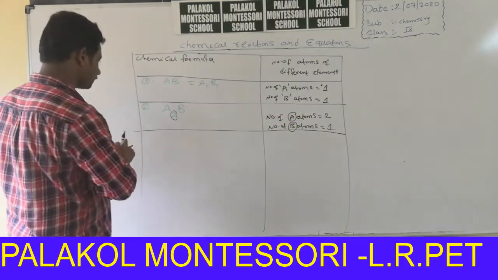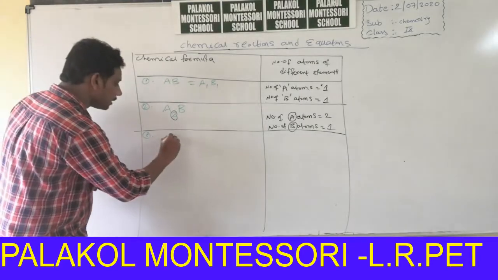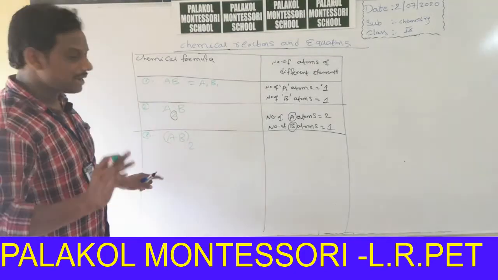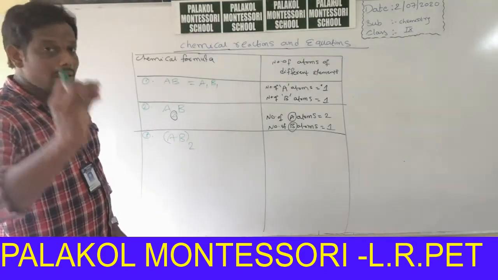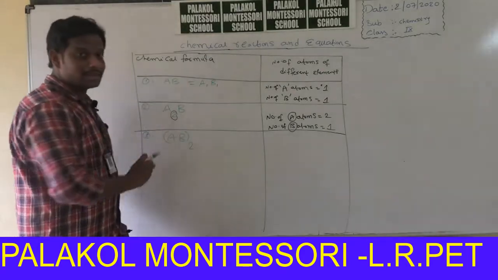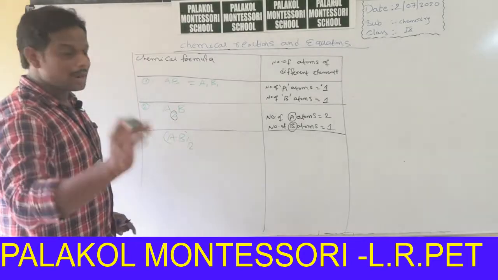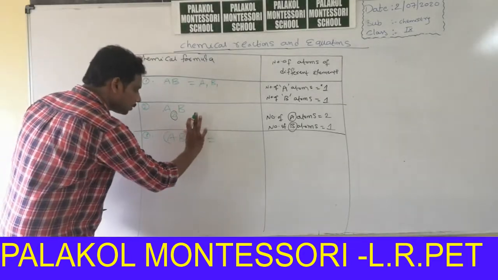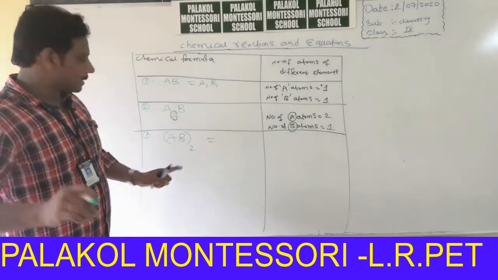Next, say for example, a molecule has the chemical formula AB taken twice. Now tell me how many A atoms are there? How many B atoms are there? This 2 is for both A and B. AB taken twice.